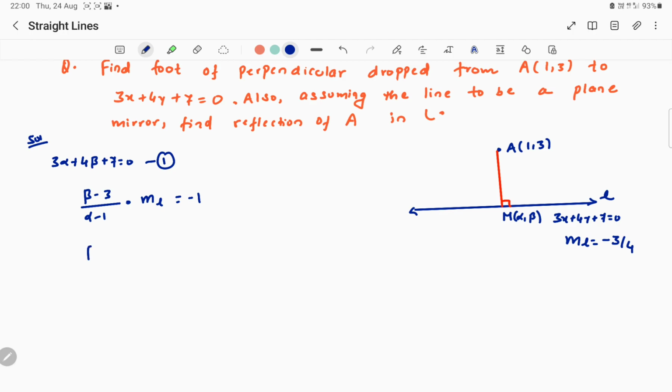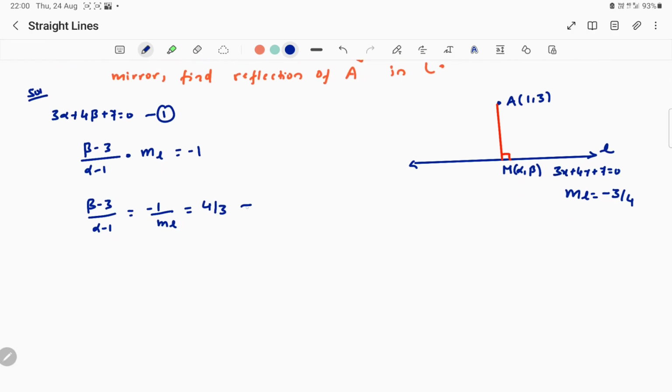So from there, (beta - 3)/(alpha - 1) is minus 1 by the slope of line L, which is 4/3. When you cross multiply, you get 3 beta - 9 = 4 alpha - 4. Simplifying, 3 beta = 4 alpha + 5. This is equation number 2, and this is your equation number 1.